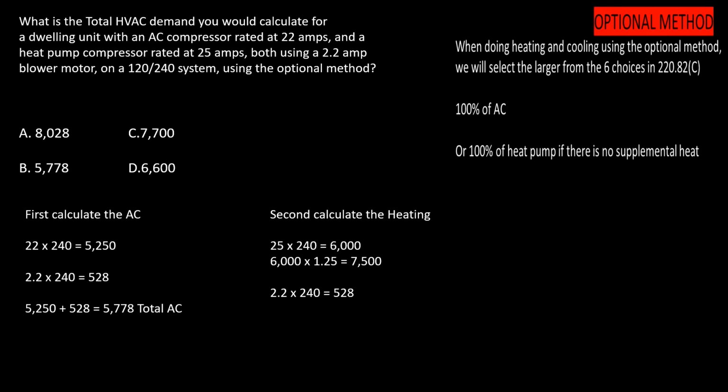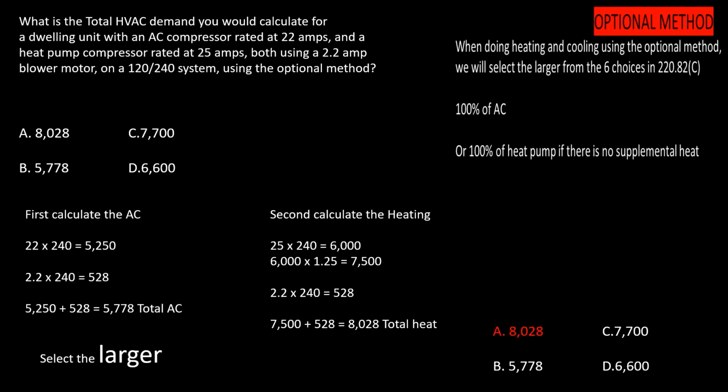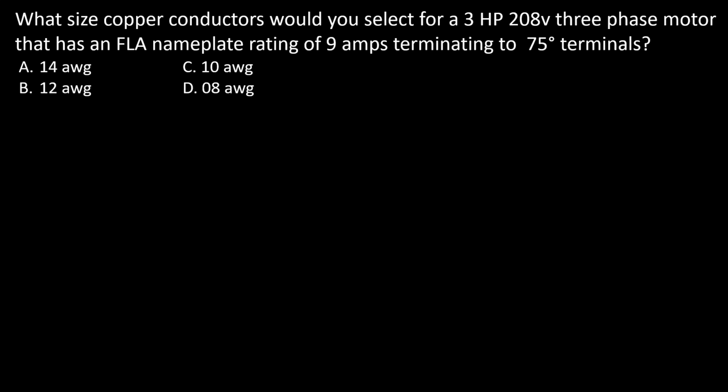Then we're going to add in the blower motor, and that is going to give us another 528 VA. And then we add that all together, and that's going to give us 8,028 total heat. Remember, in this case, we select one or the other, the larger of the two, and we are going to select A. Great job.